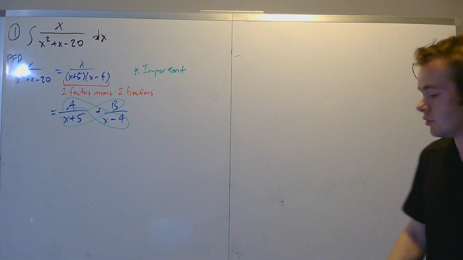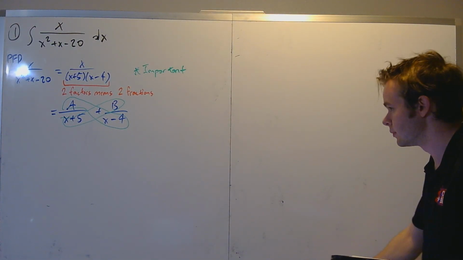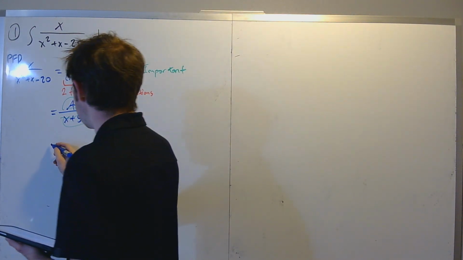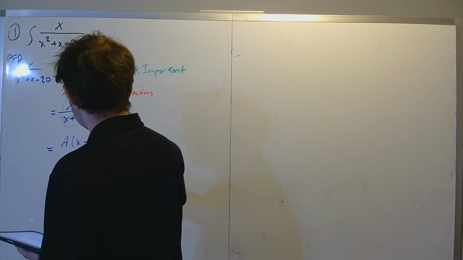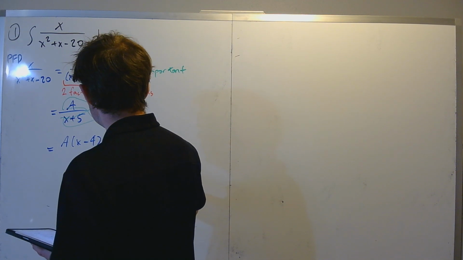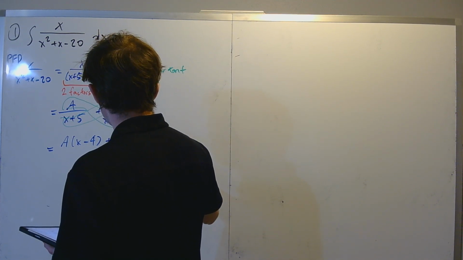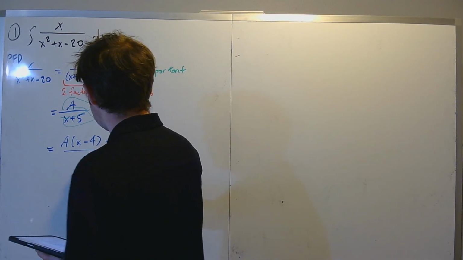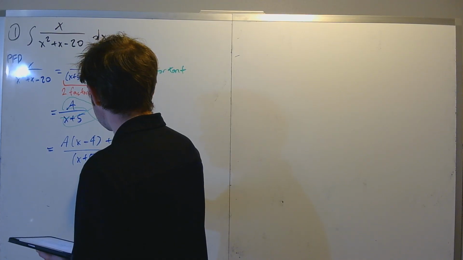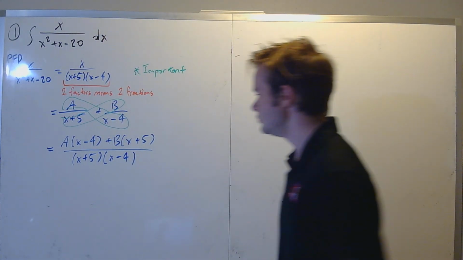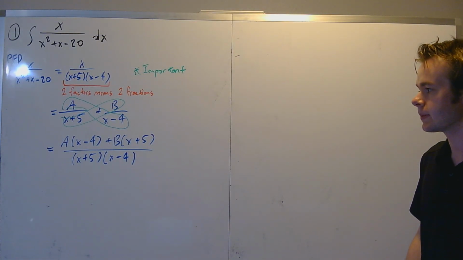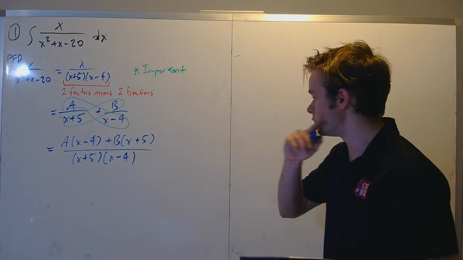So if you do that, you're going to get a times x minus 4 plus b times x plus 5 over x plus 5 times x minus 4. Okay, so that's how you would combine the two fractions.